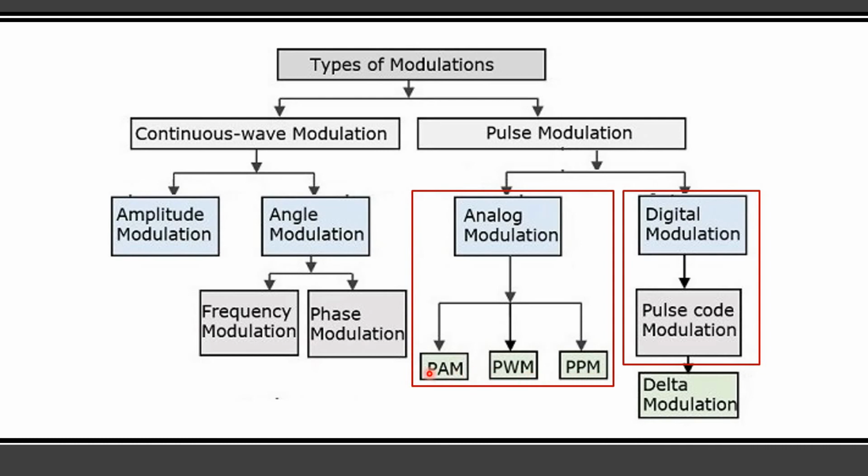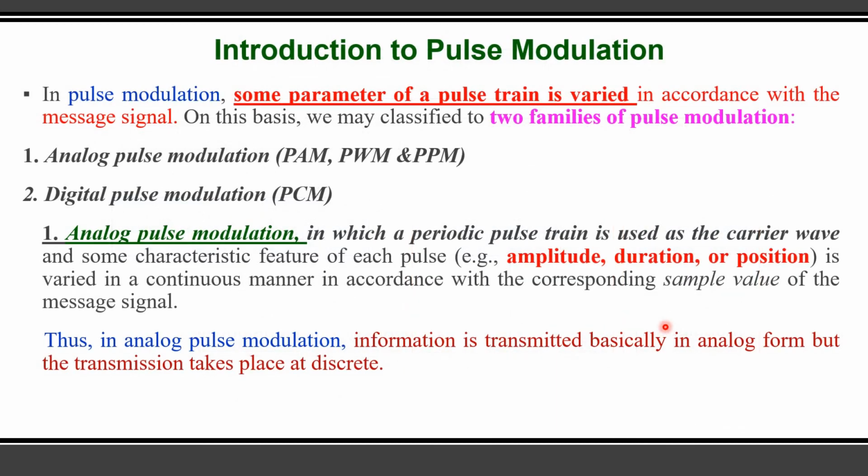Similarly, in the digital pulse modulation technique, the first category is pulse code modulation. An enhancement of pulse code modulation is differential pulse code modulation. Then an enhancement of differential pulse code modulation is delta modulation, and so on.